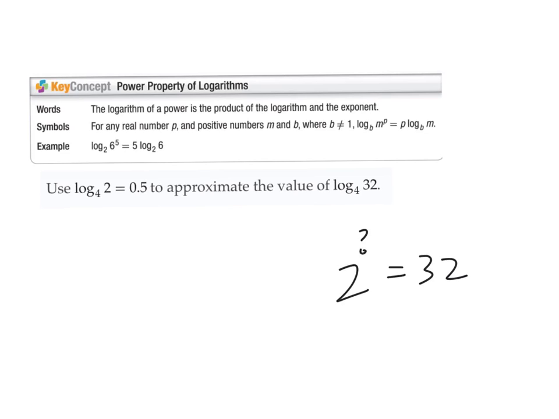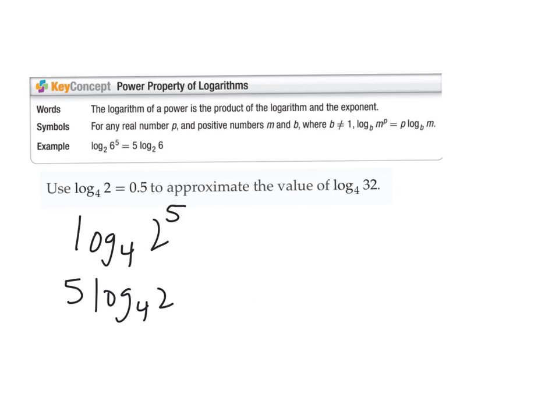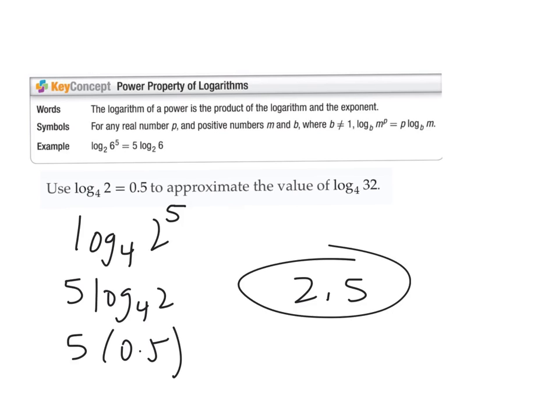After your experimentation, hopefully you understand and figured out that 2 to the 5th equals 32. So just like the last problem now, all I've got to do is take the 5, slide it out in front since I already know log base 4 of 2. Okay, log base 4 of 2, they tell us is 0.5, so I can replace all of this with 0.5. It gets multiplied by 5, and so there you go, 2.5. Simple enough using the power property.